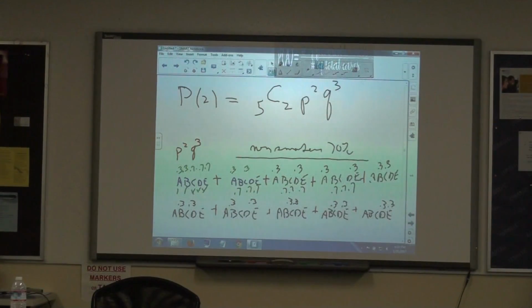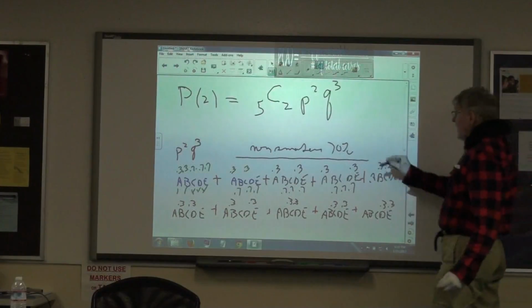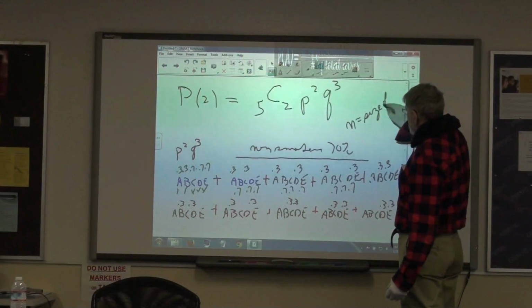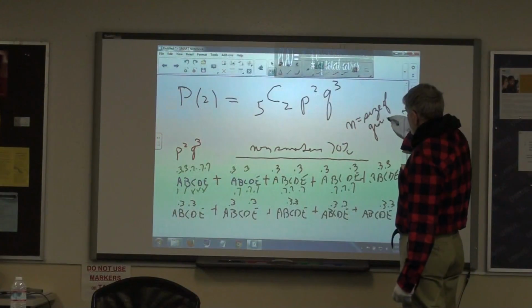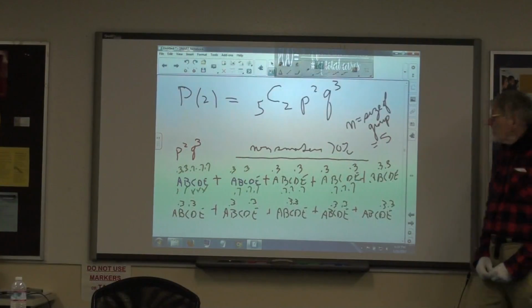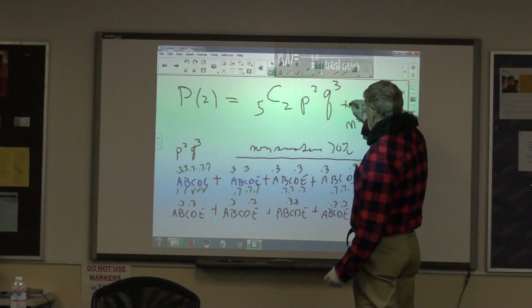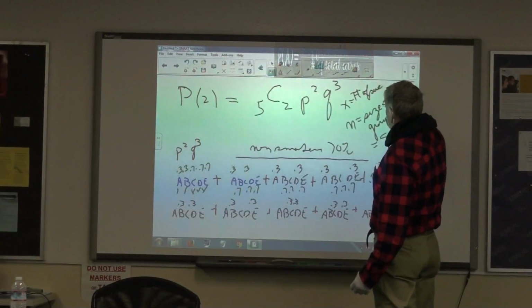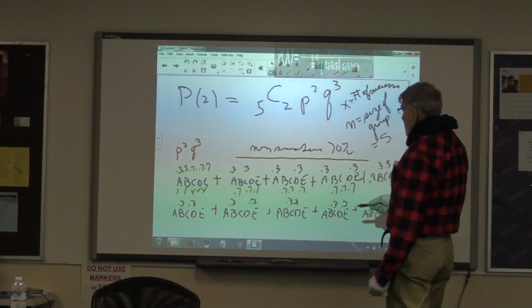Now we're going to make some new notation. N equals the size of the group. In this case, it's 5, agreed? And X equals the number of successes. In this case, 2 smokers.